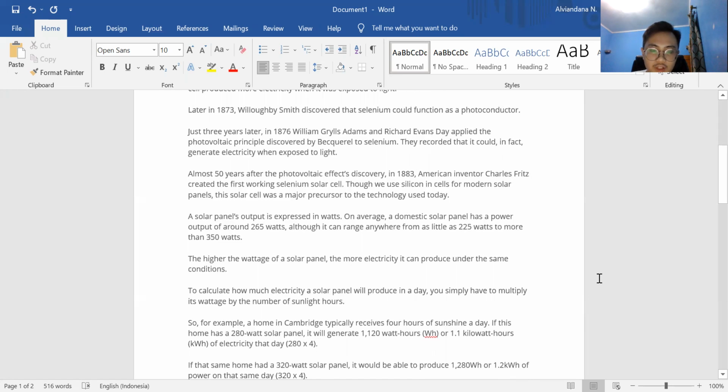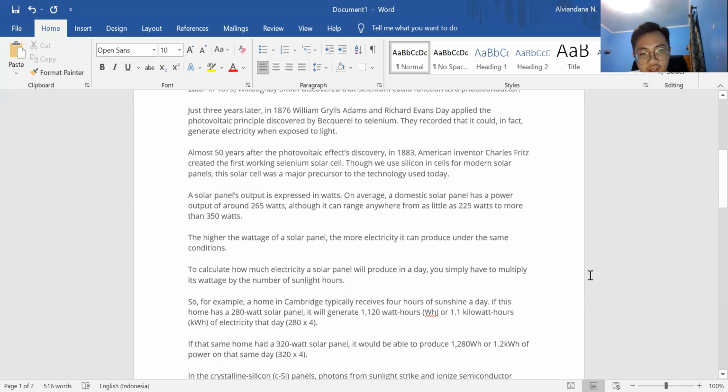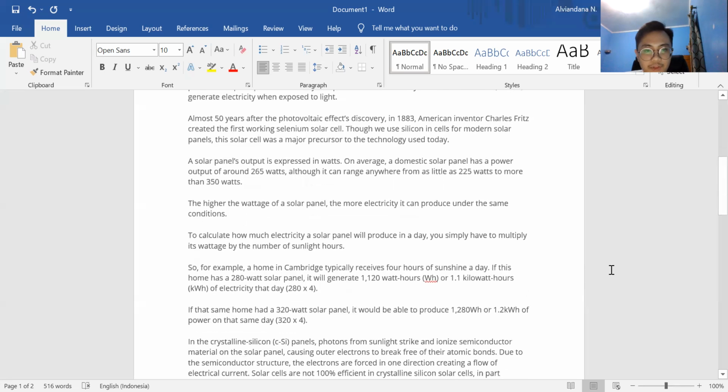To calculate how much electricity a solar panel can produce in a day, it's actually quite simple. You just have to multiply the wattage by the number of sunlight hours. Like here, I give an example of a home in Cambridge.